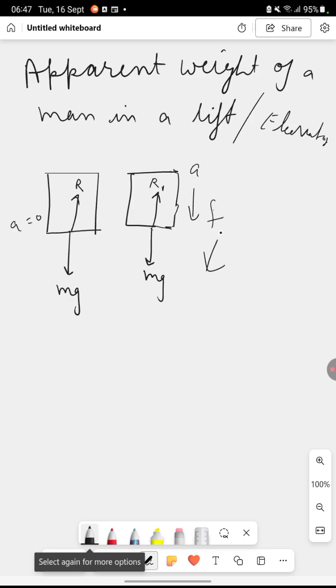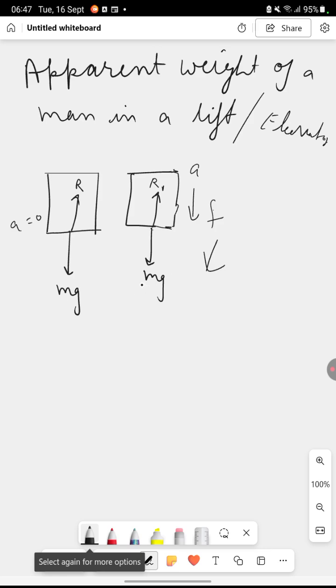This F is acting in the downward direction, that's why the lift is moving downward. So from here we can say mg is greater than R1, only then the lift can move in the downward direction.